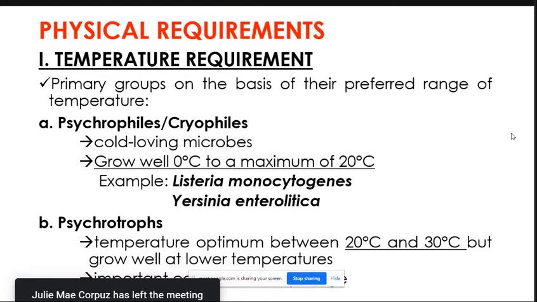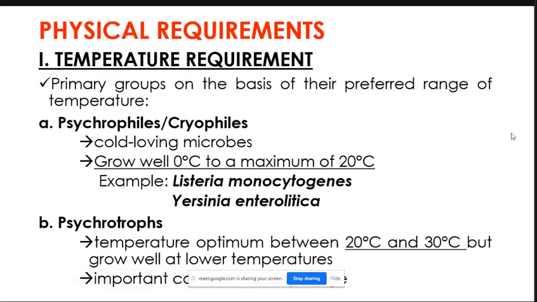Alfred, are you there? Good afternoon, ma'am. Good afternoon, Alfred. In summary, as to the chemical requirements of your bacteria and able to grow. Ma'am, hindi ko masyadong marinig yun. Ha?